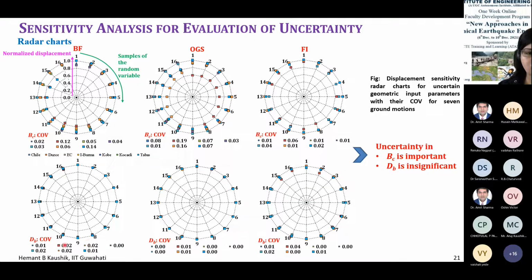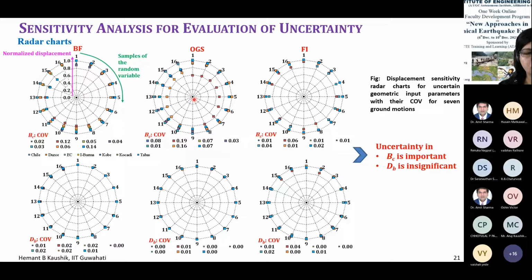Whatever you do, even if you change the depth of the beam, all 16 samples, you change the ground motions, you change the type of frame, it really does not matter much, because there is not much scattering, except in this fully infilled frame where there is a marginal scattering. But in case of width of column, you change a little bit and you get more scattering. That means the results are varying.